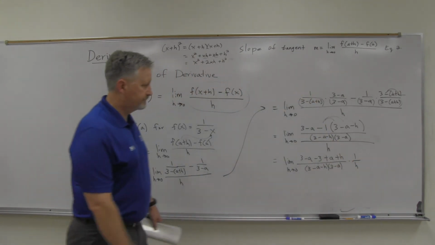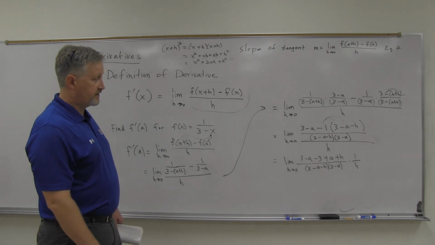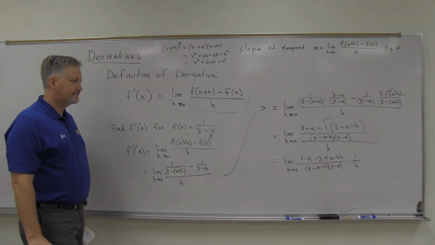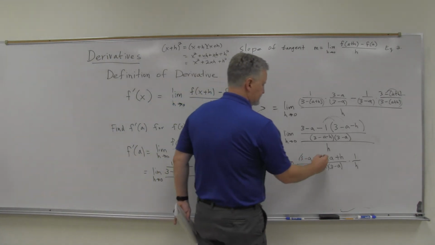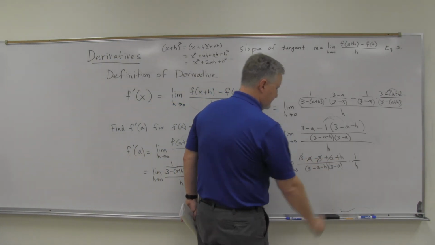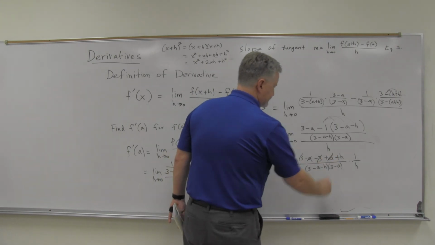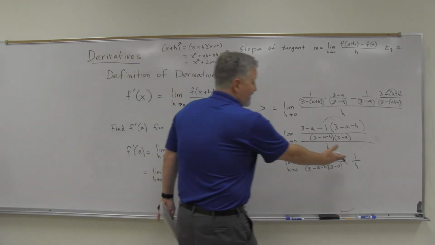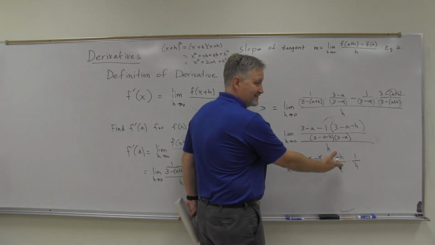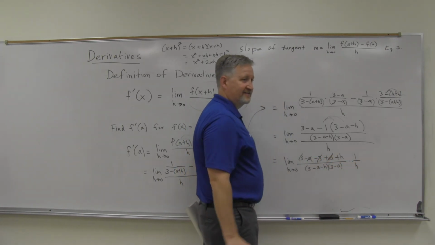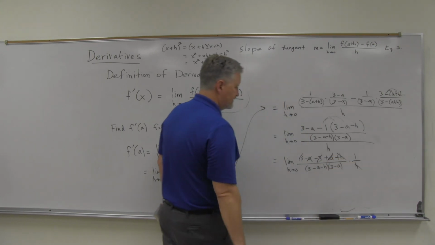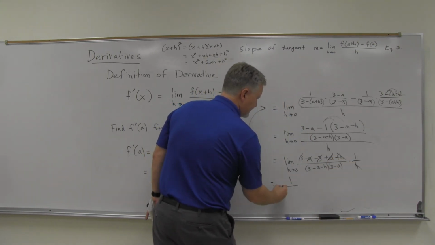That's what that means. But good things start to happen. The 3's cancel. Minus a plus a, those cancel, take each other out. So up here on top, all I now have is h. But again, I've got that factor of h right up there. That cancels, doesn't it? So the top's just 1.